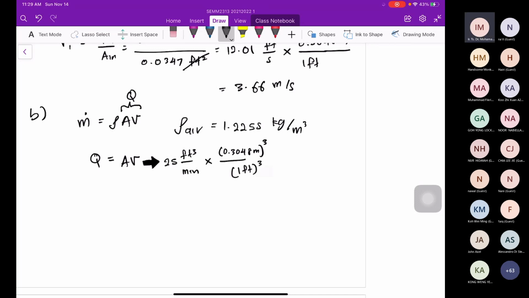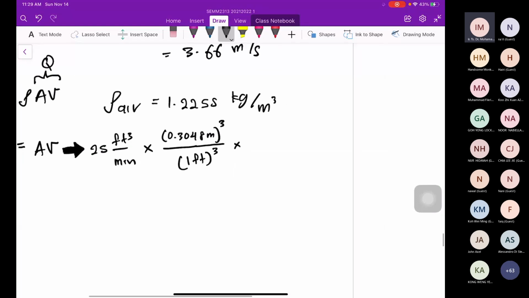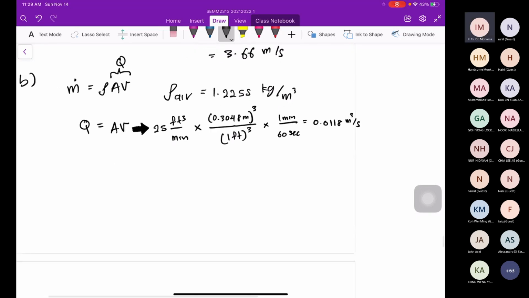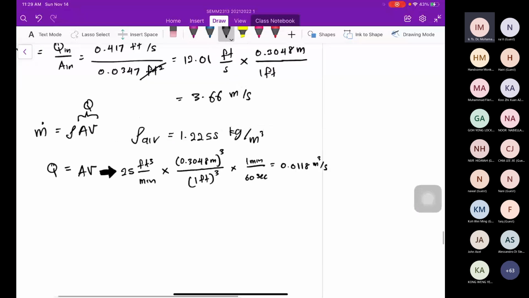Make it like this if you want to convert. Multiply with 1 minute equals 60 seconds. So you will get 0.0118 meter cube per second. Why do you need to convert into meter cube per second? Because you want to use the density value in SI unit.